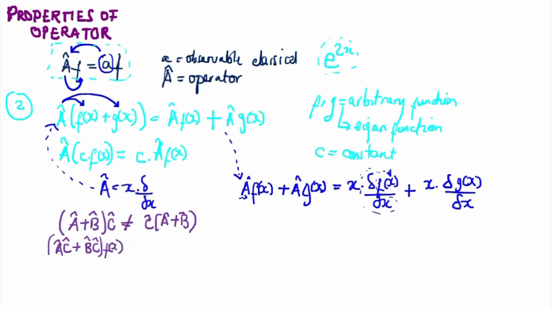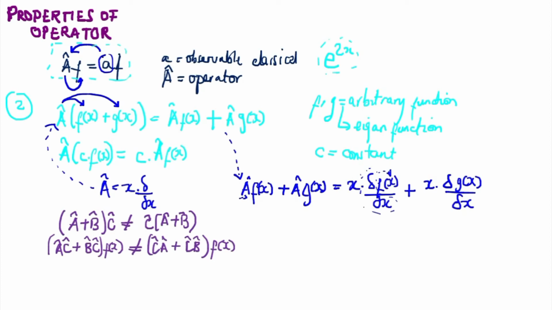So this shows that it's still not equal to C multiplied by A plus C multiplied by B operator, which is still applied to our eigenfunction.